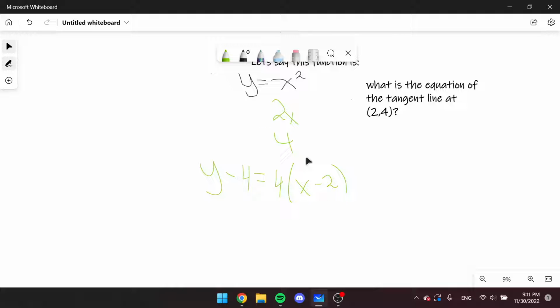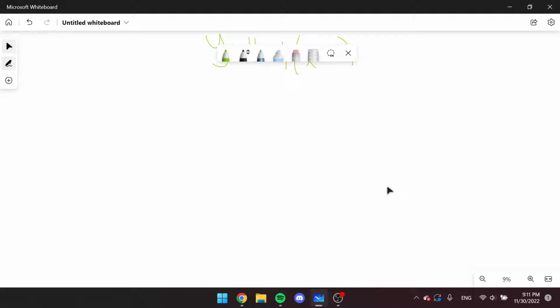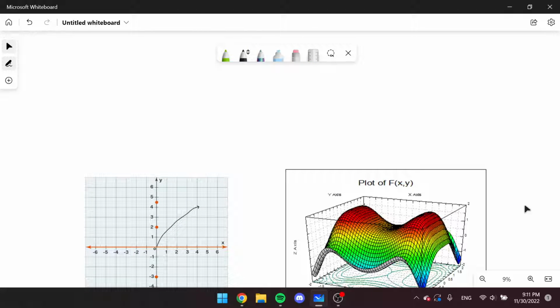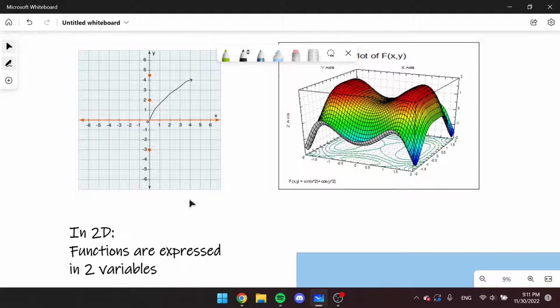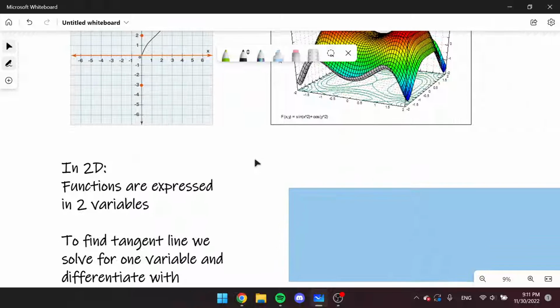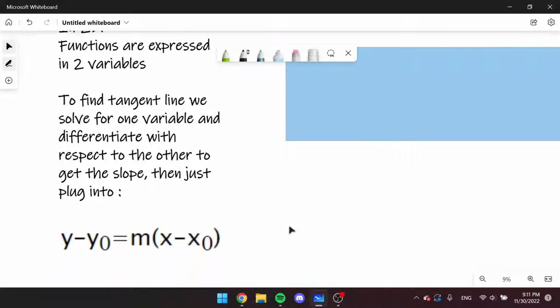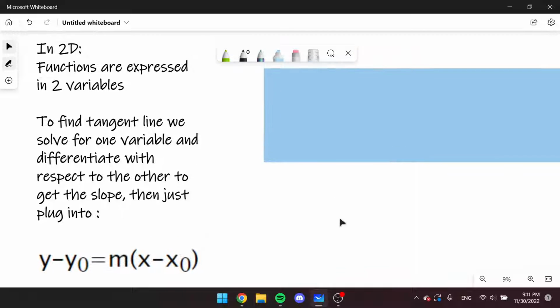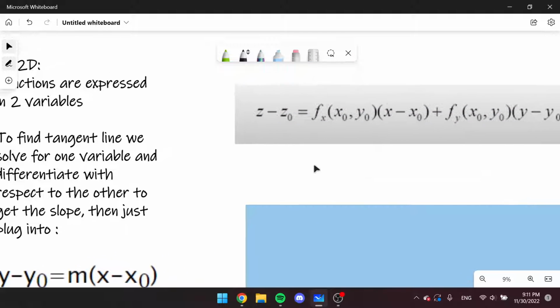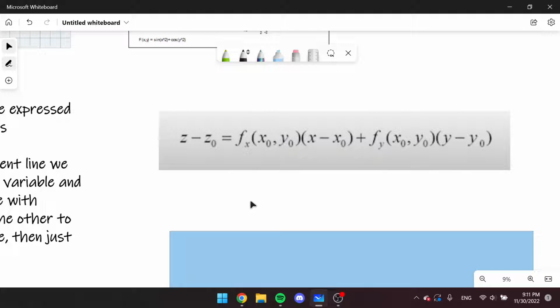And if you remember that, the Calc 3 equivalent is not too bad. It's just a small leap, because the only difference, obviously, is that there's one more variable. So in our point slope equation for 2D, this is what it looks like. Now for 3D, it looks a little bit more chaotic, but it's not too bad to reason it out, hopefully.